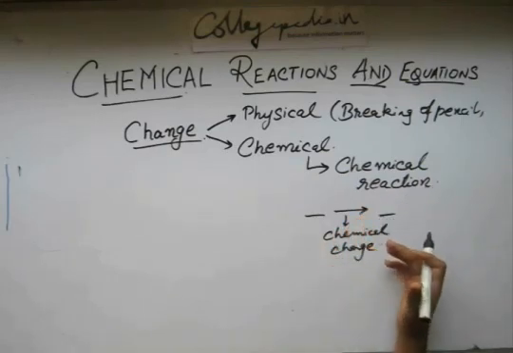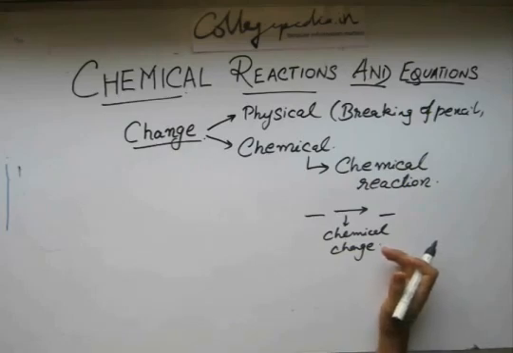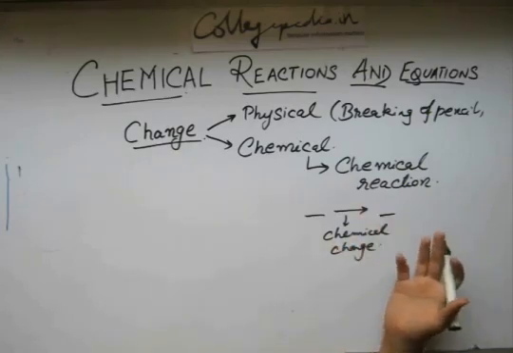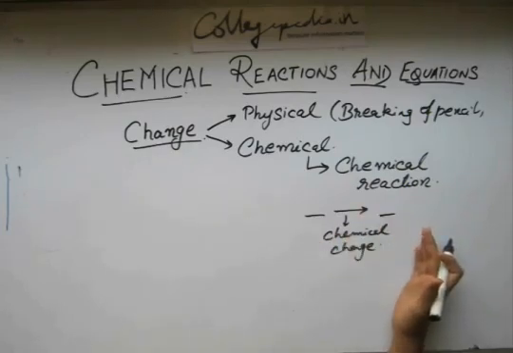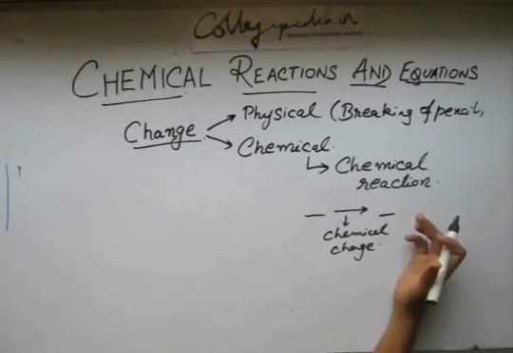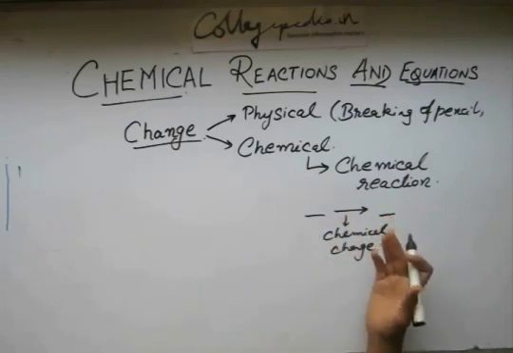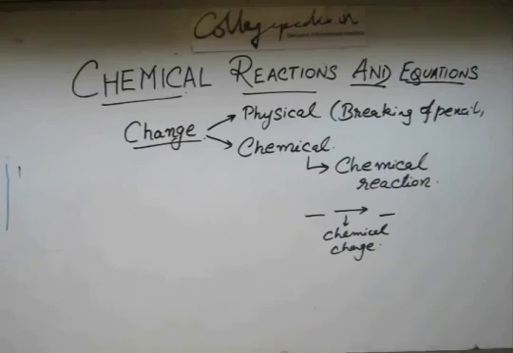So, burning of paper, burning of a matchstick, or food getting cooked, all these are chemical changes because there is some chemical reaction involved. And you cannot get back the product, you cannot get back what you have used as the reactant.